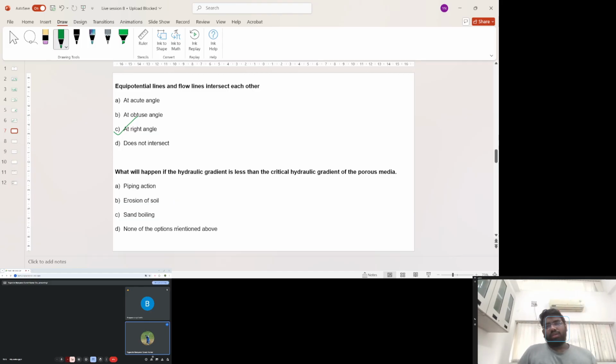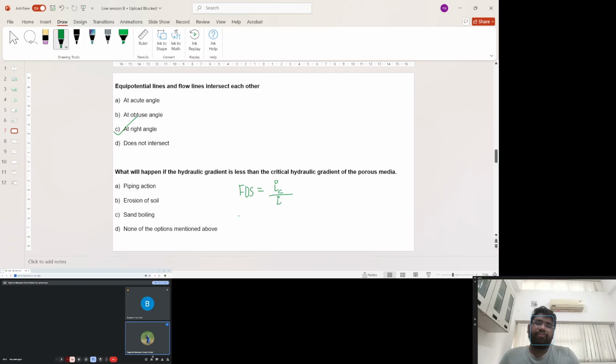How to determine the safety or criticality against piping failure or quicksand condition, etc.? For that we determine a term called factor of safety, which is defined as the ratio of the critical hydraulic gradient to the existing given hydraulic gradient.